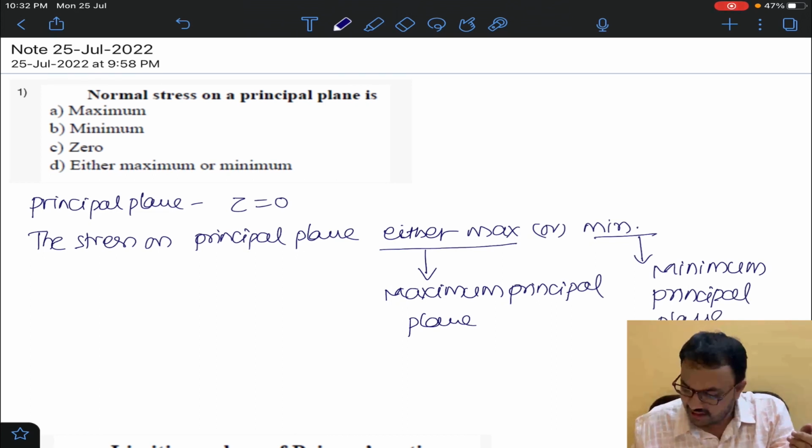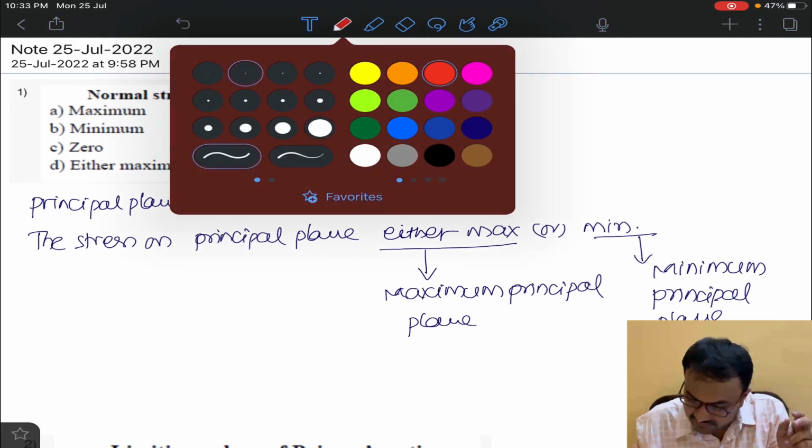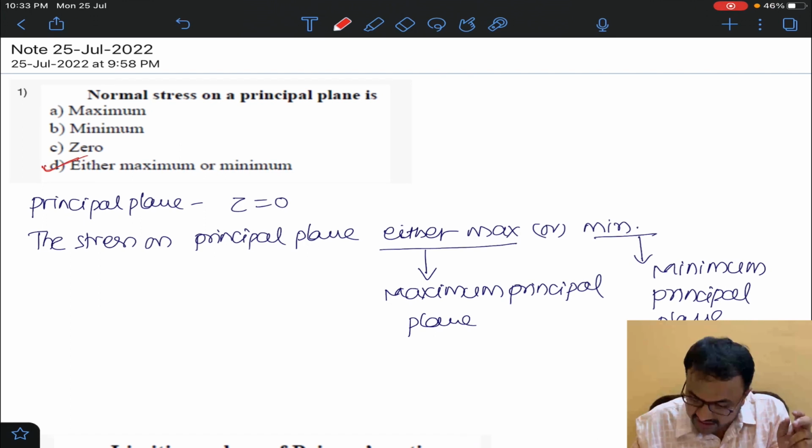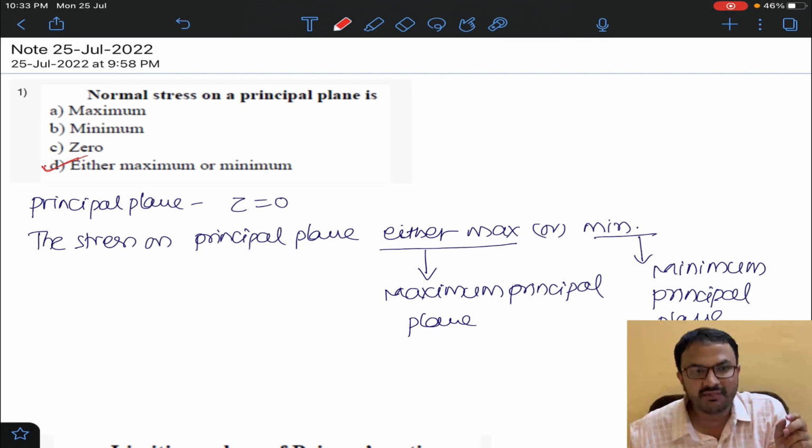Okay, so the normal stress on the maximum principal plane is called maximum principal stress, and the stress on the minimum principal plane is called minimum principal stress. Okay, clear? So option D is the correct answer. Either it may be a maximum or it may be a minimum.